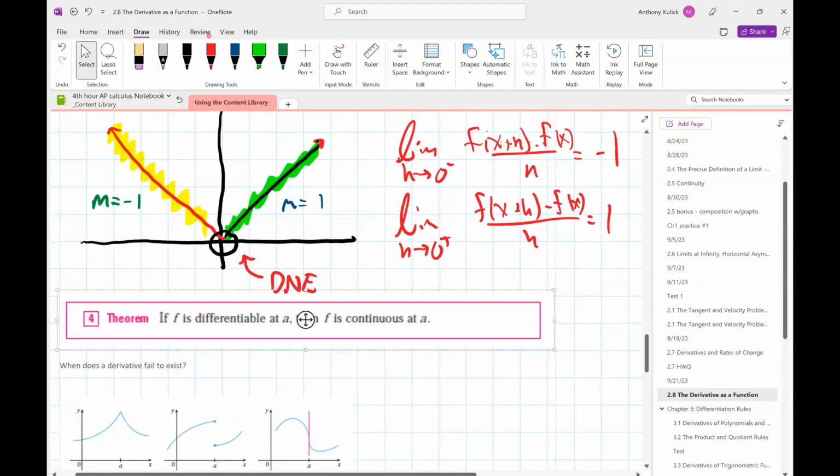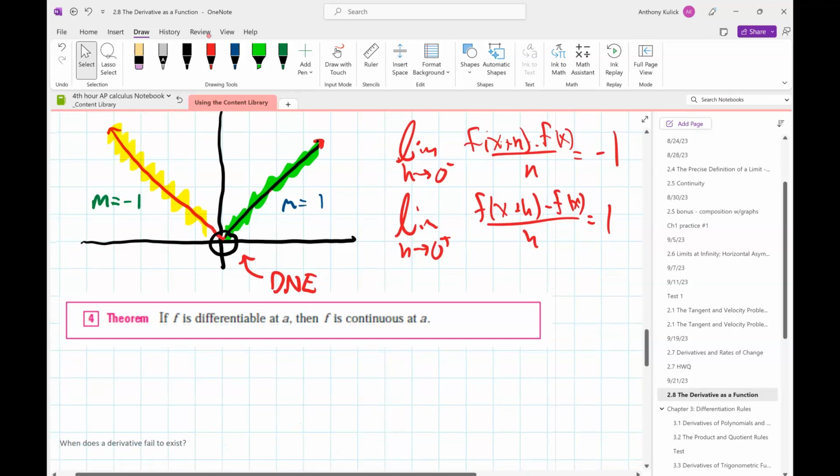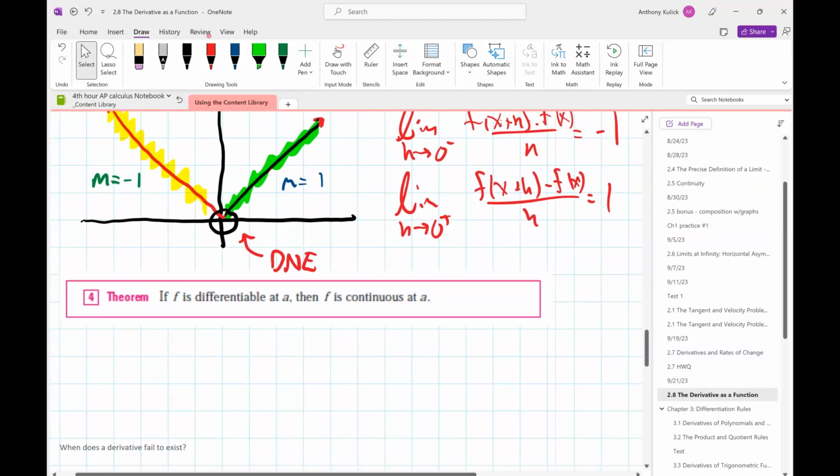Here, though, is the most important theorem in this section: if f is differentiable at A, then f is continuous at A. Differentiability implies continuity. The converse is not true.